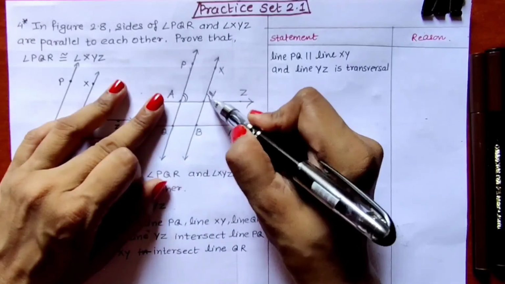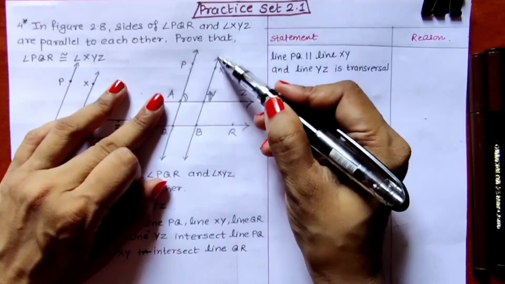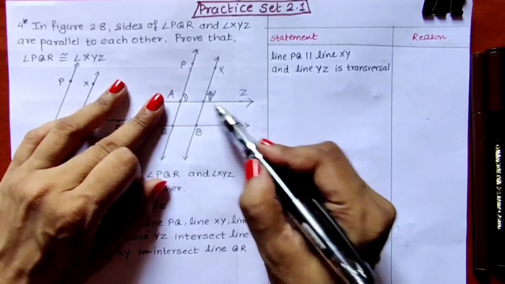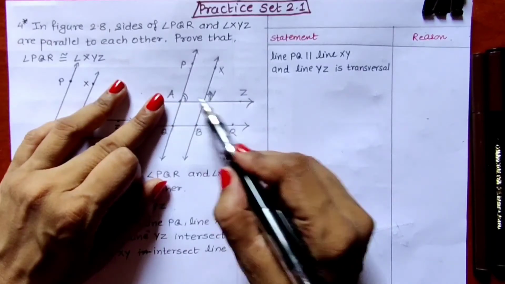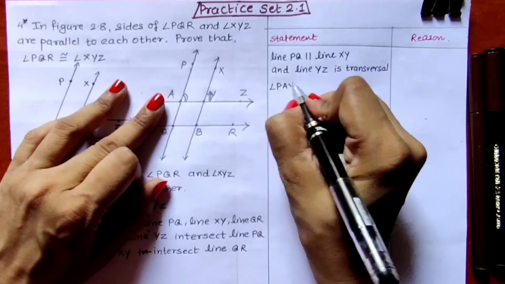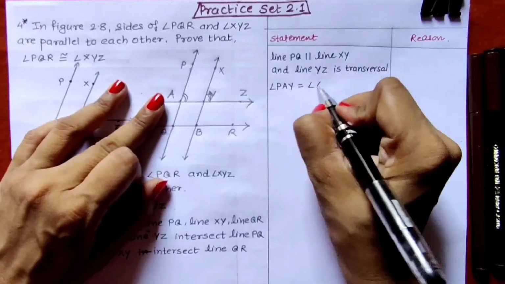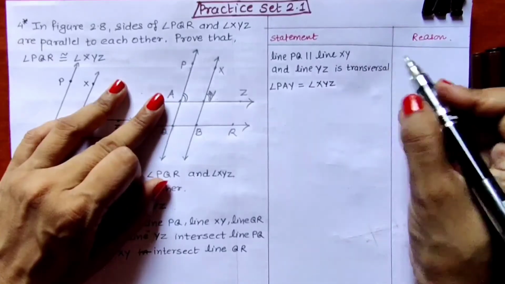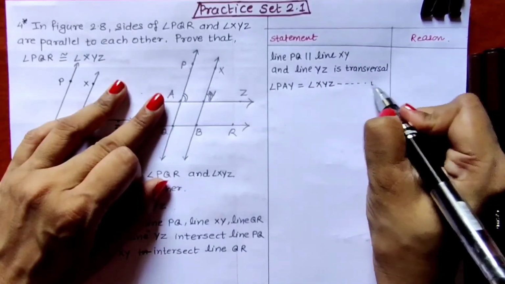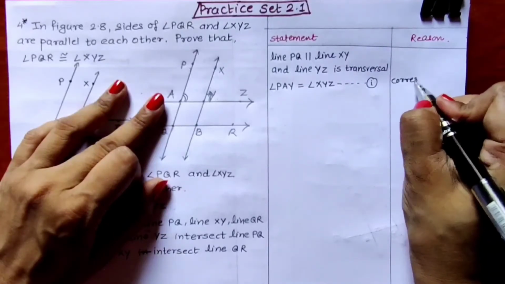Same way we can observe this angle XYZ, one arm in the right hand side, another arm in the downward direction. So that's why they are corresponding angles. So therefore they are congruent with each other. Angle PAY is equal to angle XYZ. This will be my equation number 1. The reason I will be writing corresponding angles.